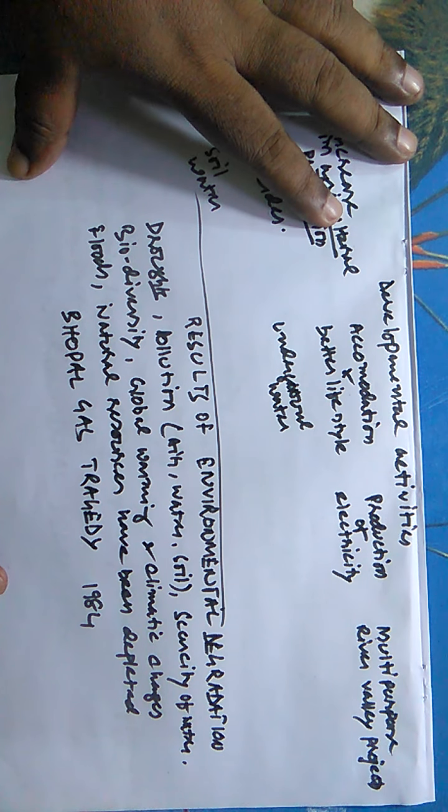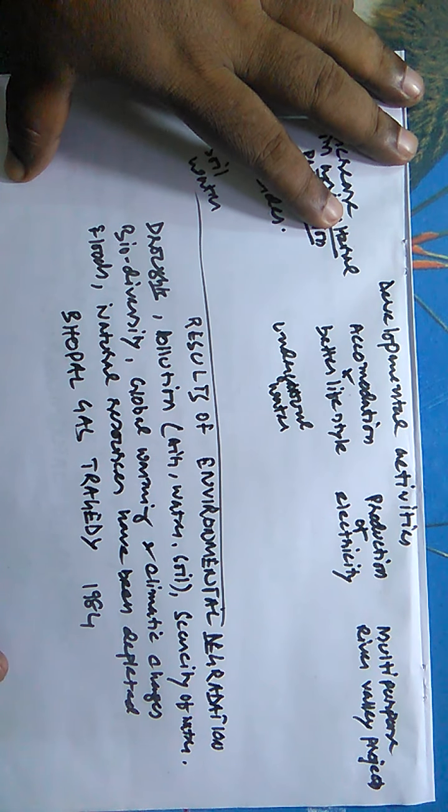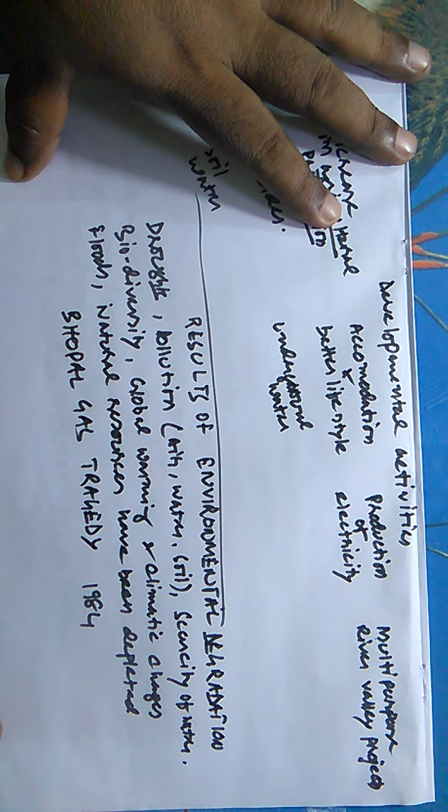A deadly gas, that is methyl isocyanate gas, leaked out of the cracked tank, and as a result many people died, and more than 2 lakh people were affected. Their problems have been so drastic that even today, after so many years of that disaster, people are still suffering.